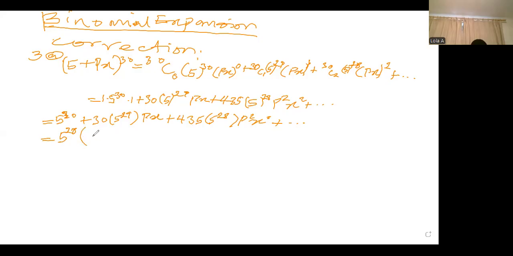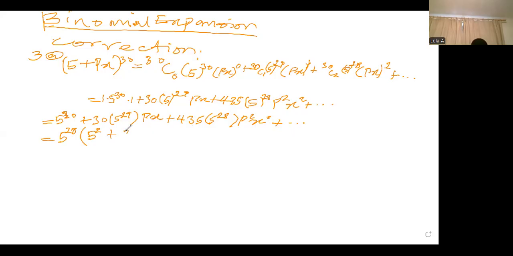And that gives, now if 5 raised to power 30 is divided by 5 raised to power 28, you have 5 raised to power 2, using our knowledge of indices, plus 5 raised to power 29 divided by 5 raised to power 28 will give us 5 raised to power 1.